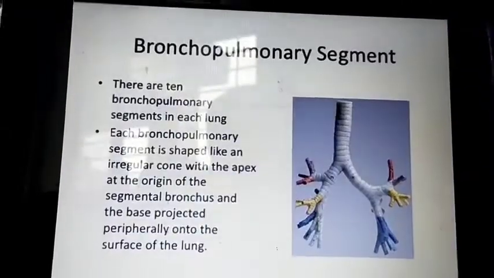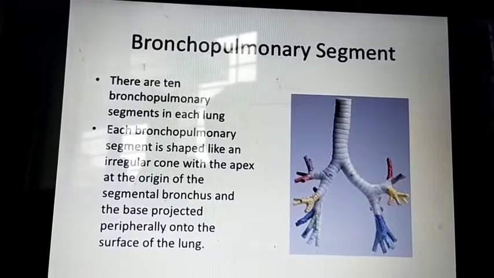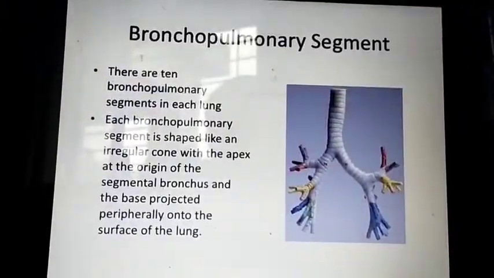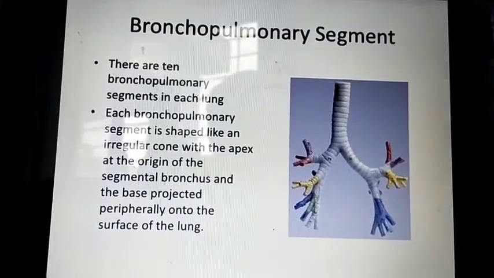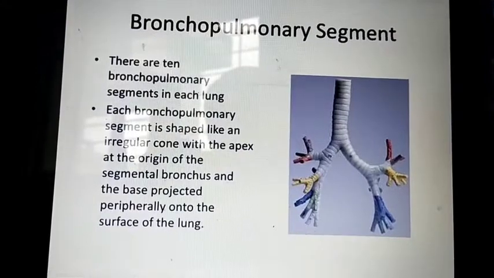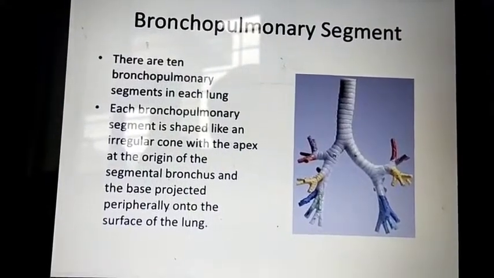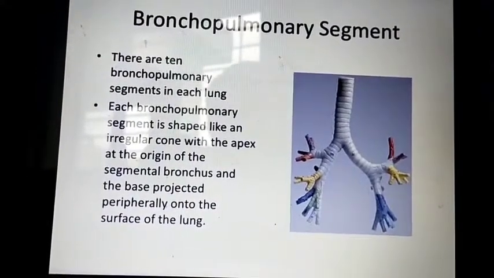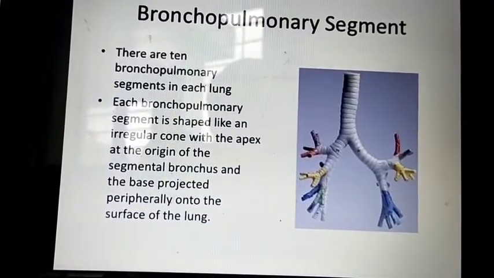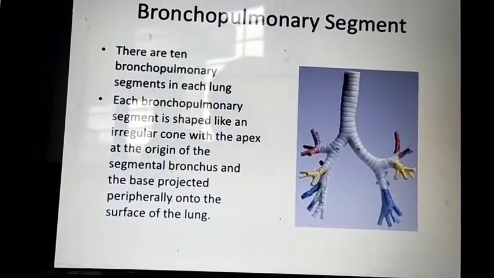The surfactant is very important, as it keeps the alveoli open. If surfactant is lost, the alveoli will collapse. To maintain the space and the pressure in the alveoli, it is because of the surfactant.